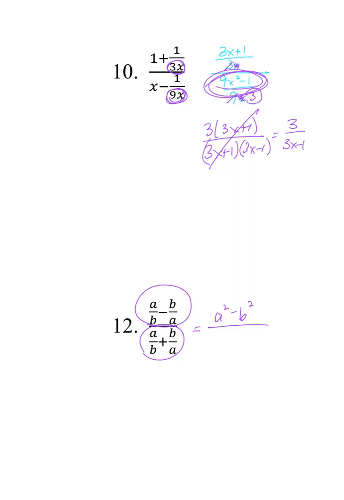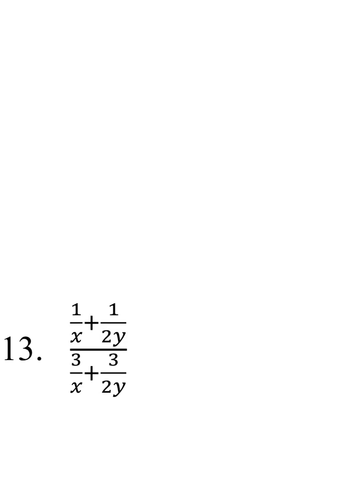And down below, it's a squared plus b squared. And even if I think about factoring the top, because it's the only one that factors, nothing's going to cancel. And that's my whole flippin' answer. So fast, so nice. Okay, let's take a look at 13.